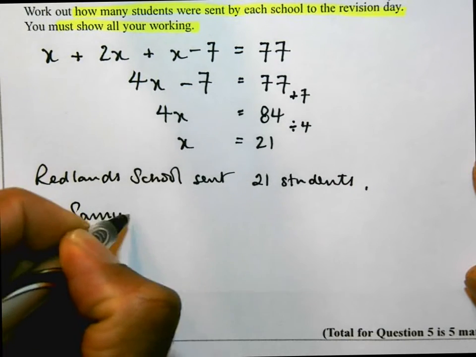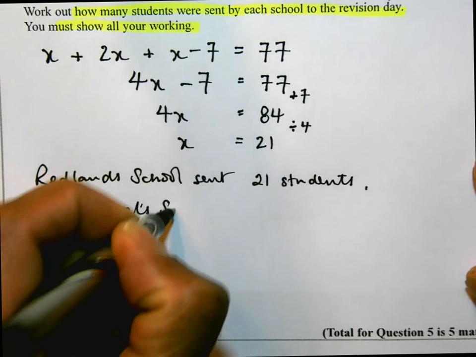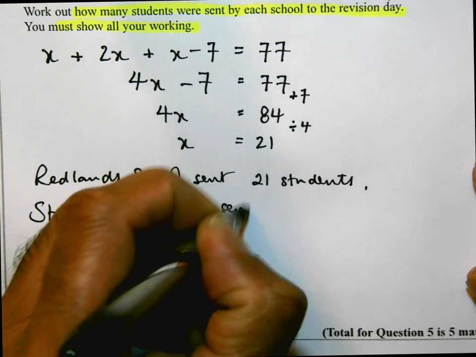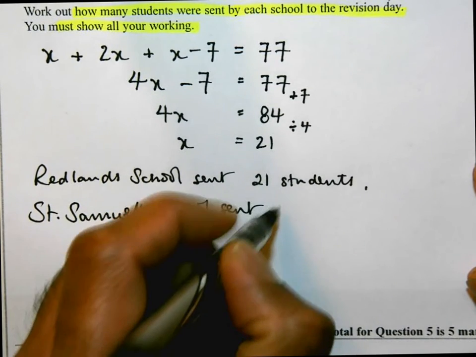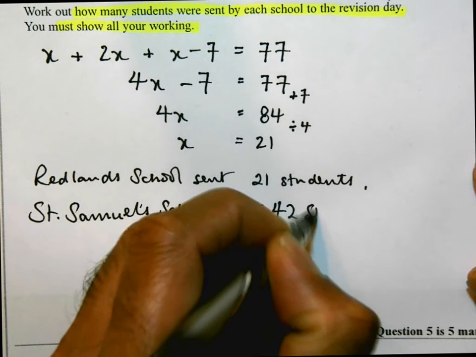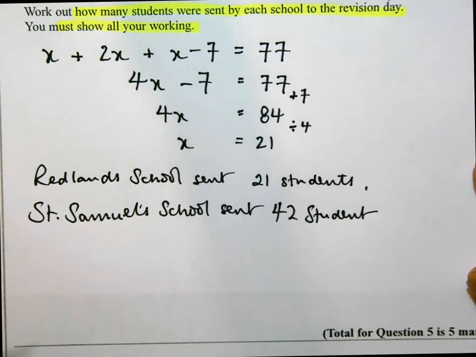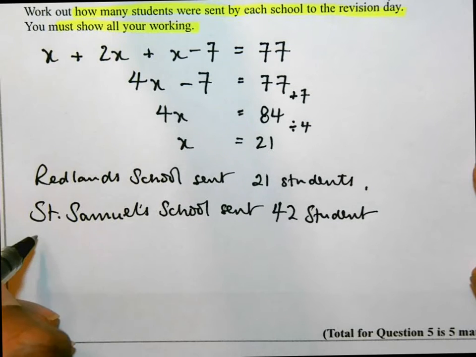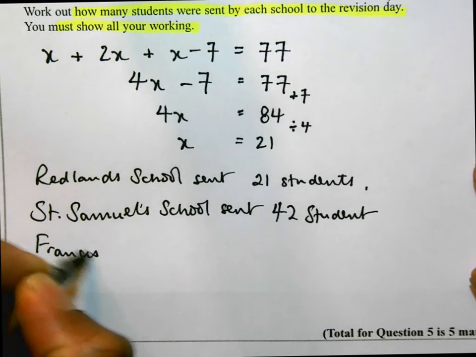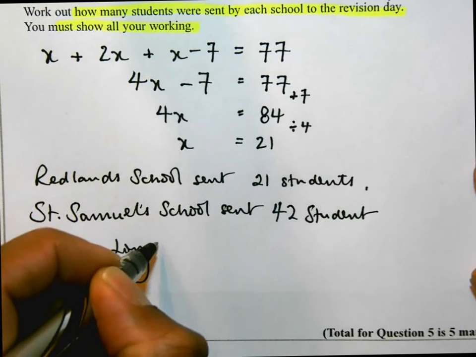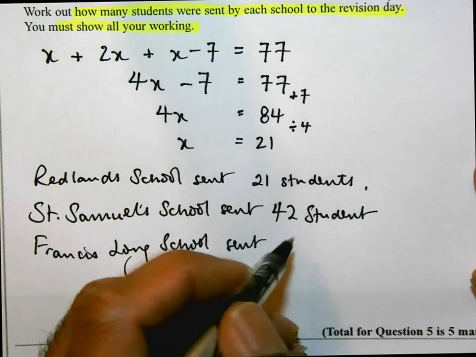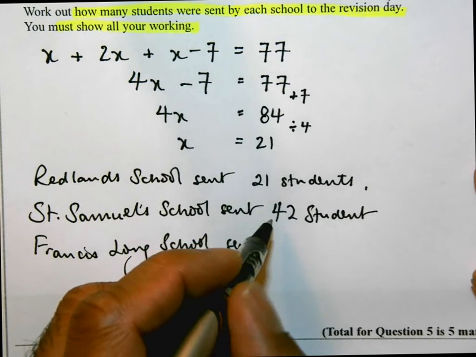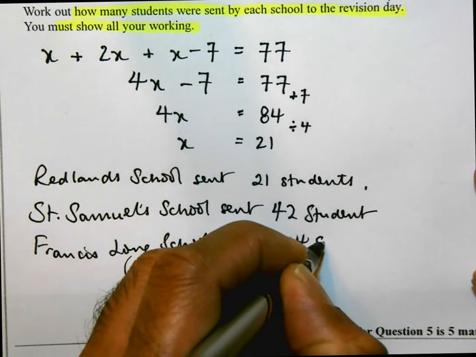St. Samuel's School sent double that amount, so that's 42 students, twice as many as Redlands. And St. Francis sent 7 fewer than Redlands, so 7 less than 21, which is going to be 14.